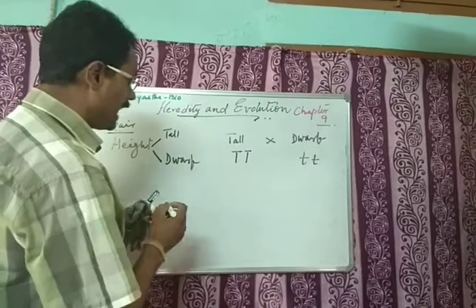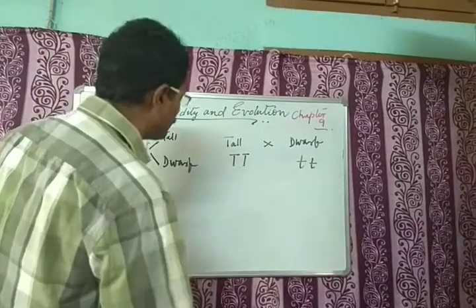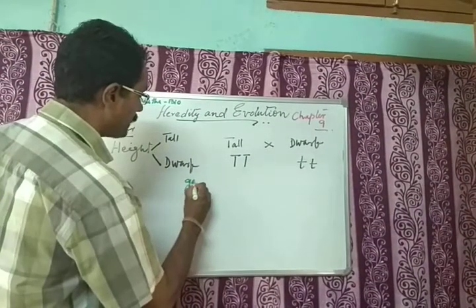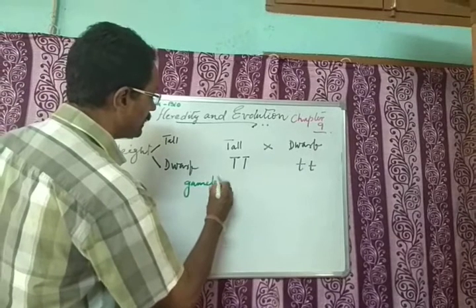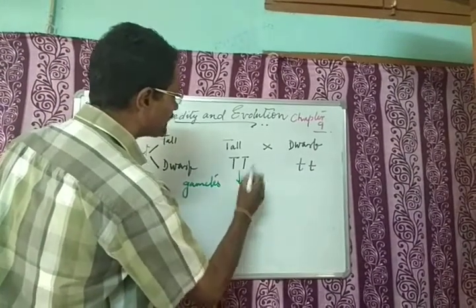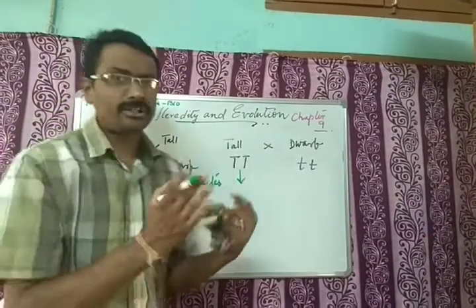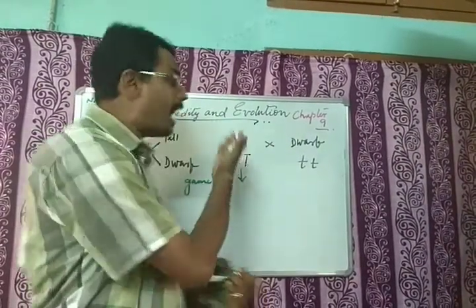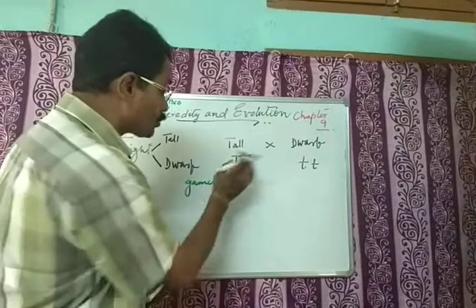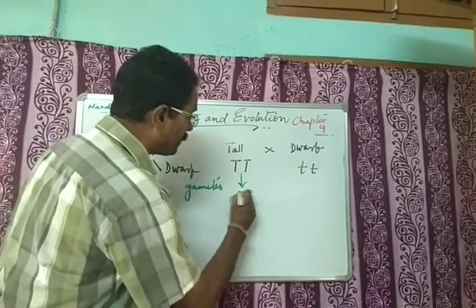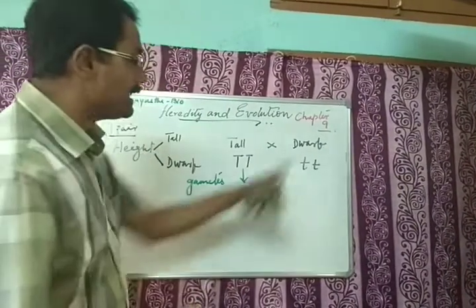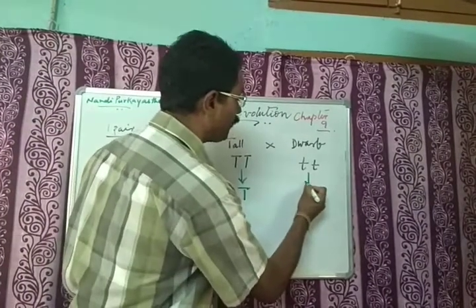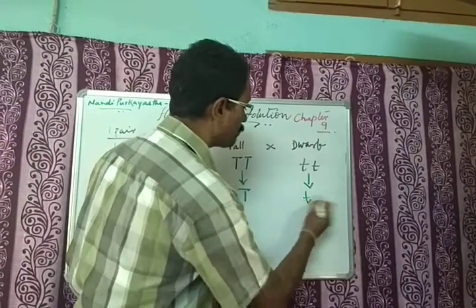Understood? Now, you see the gametes. I'm writing the genes. As we are diploid, when the gametes are formed, it will be half of the organism's characters. So capital T will be 1 T here, and here when the gametes are formed, it will be 1 small t.